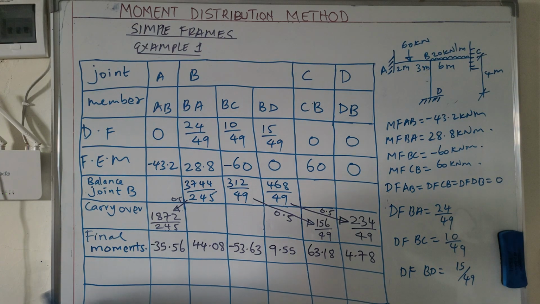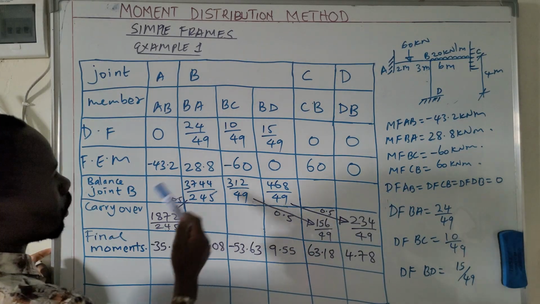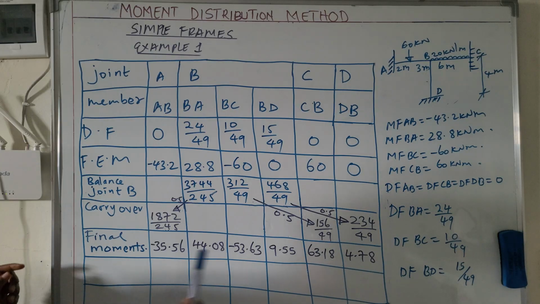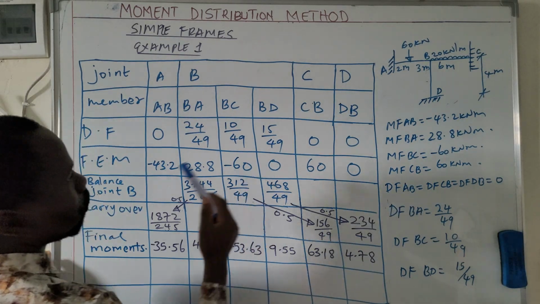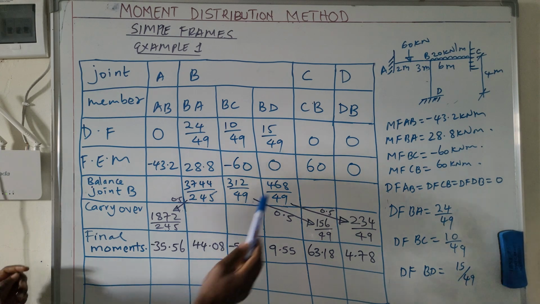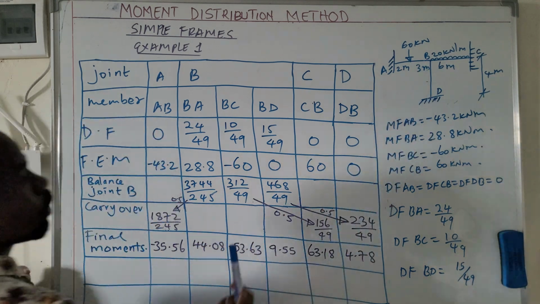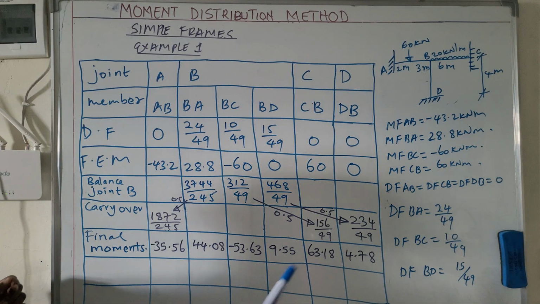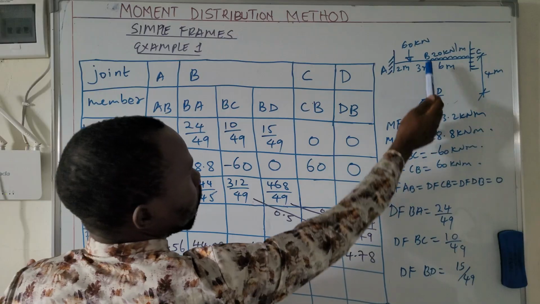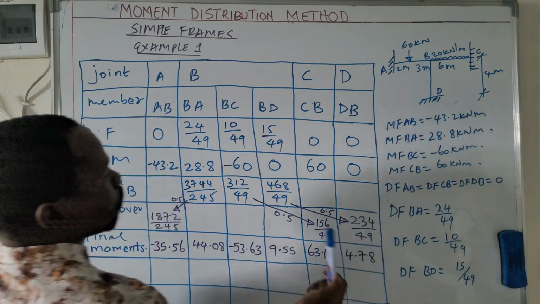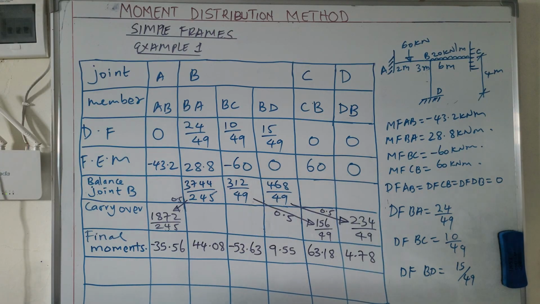BA, 28.8. BC, negative 60. You go to BD. BD is 0 because we said in our earlier calculation there is no loading along this span, so there is no load acting on this member. So our fixed end moment is 0.